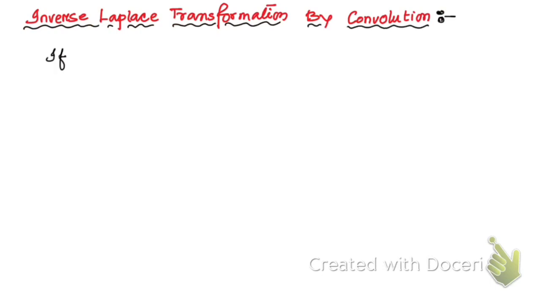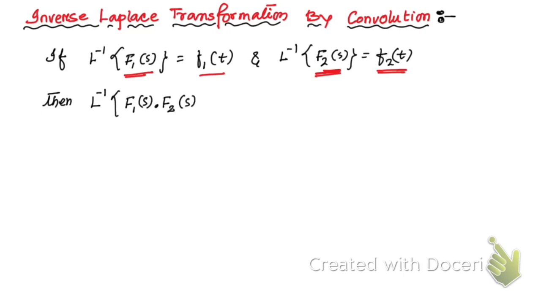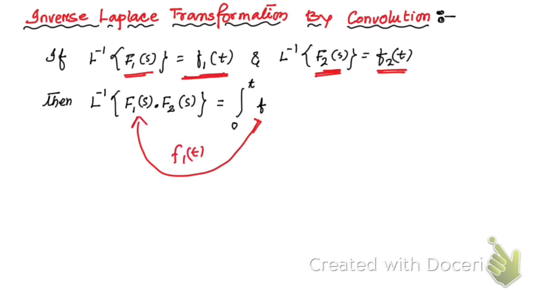If the inverse Laplace transformation of capital F1 of s is small f1 of t, and the inverse Laplace transformation of capital F2 of s is small f2 of t, then the inverse Laplace transformation of the product of capital F1 of s and capital F2 of s is given by the integration from 0 to t, where we put this function f1 of t, then replace the t by x.